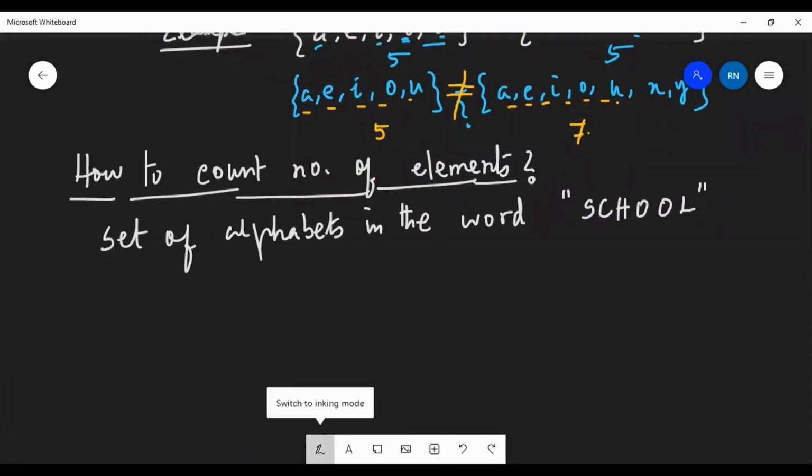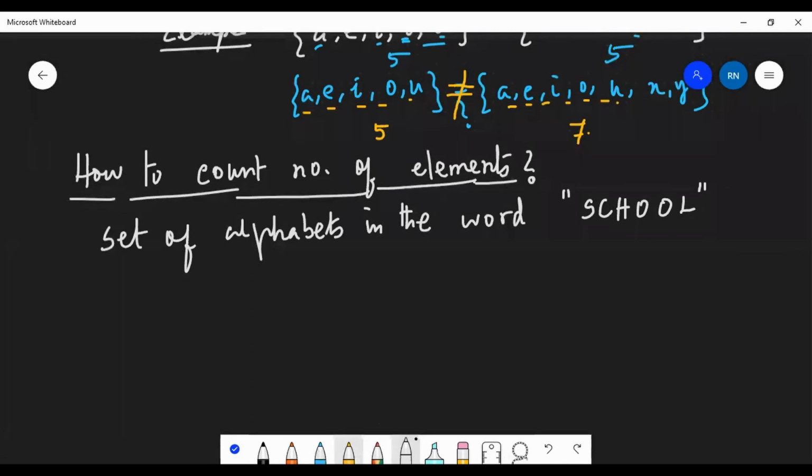Now by default, what will you do? S, C, H, O, O, L. So you may say, sir, the count is 6. But no, the number of elements in the set containing the alphabets in school is not 6. It is 5 only.